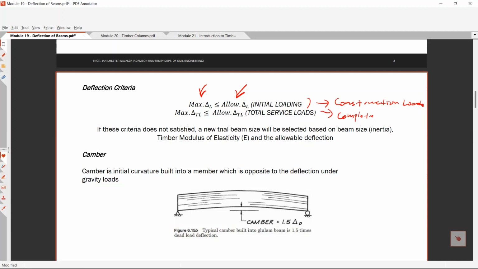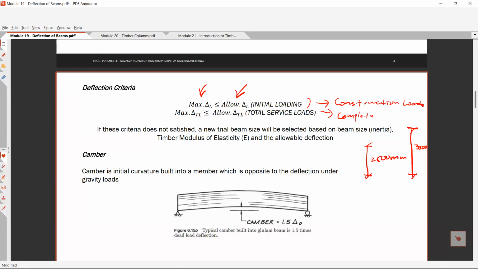Okay, yung architectural requirement. So ganito yung nangyayari in most of the time sa actual. Let's say ang minimum requirement ni architect is 2,500 mm clearance. Ito yung clear height, ceiling to finish floor. Pero yung limit, yung center to center lang nung second floor beam and yung third floor beam, yung every floor is 3 meters lang.